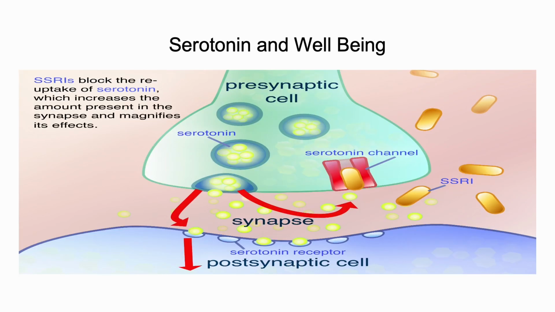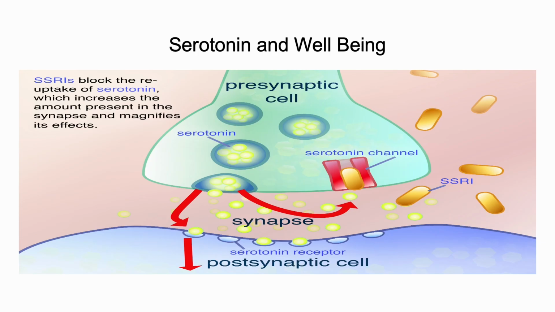We're talking about how serotonin crosses the presynaptic cleft to the postsynaptic cleft, and once it does that, you get well-being. In a lot of traditional medicine, they'll use selective serotonin reuptake inhibitors. What that does is plug this channel here. In theory, the serotonin will cross here, and if it bounces around, it'll bounce off and eventually go across. Well, essentially, if you're making more serotonin in the first place, more is going to get across.